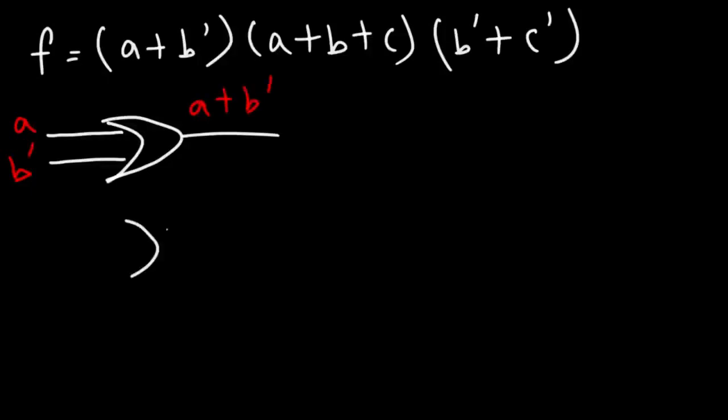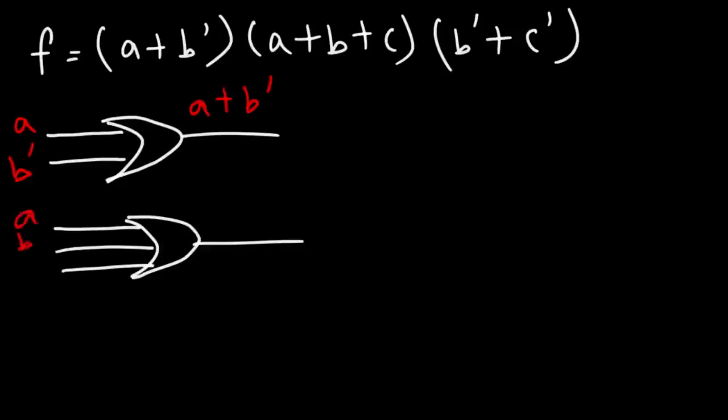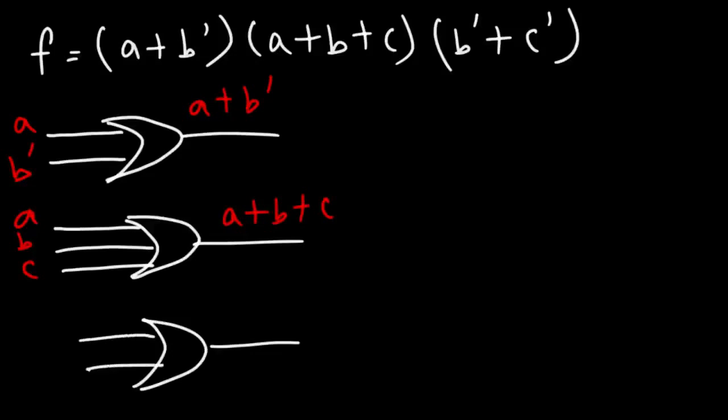Now moving on to the second OR gate, it's going to be a 3-input OR gate. The inputs will be A, B, and C. The output is going to be A plus B plus C. And for the last OR gate, this is a 2-input OR gate with the inputs B prime and C prime. So this is going to be B prime plus C prime.